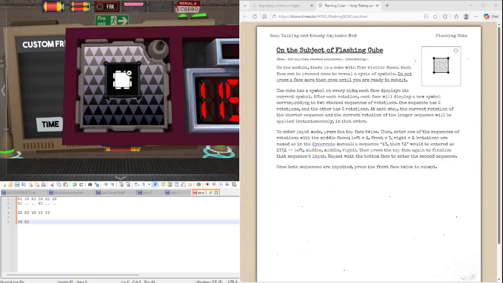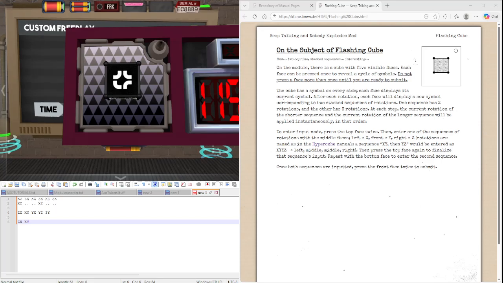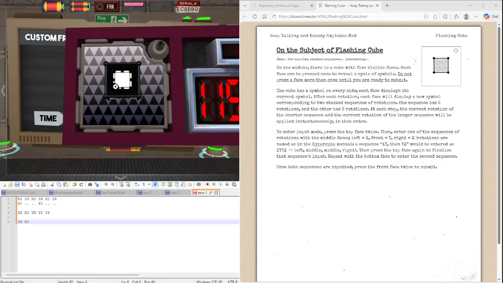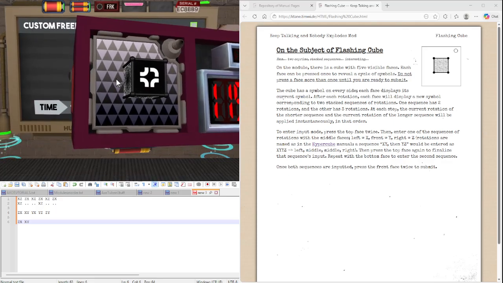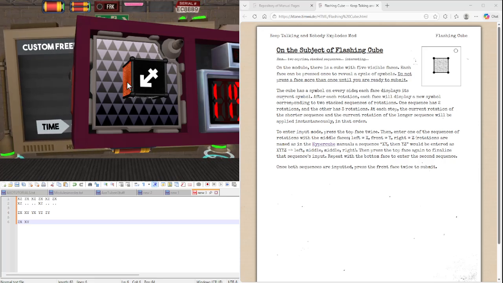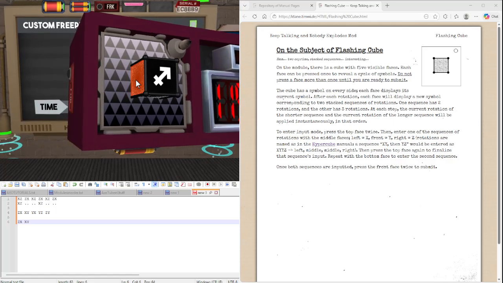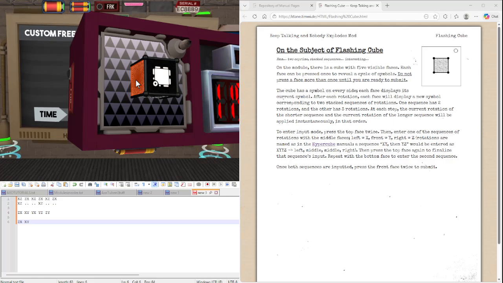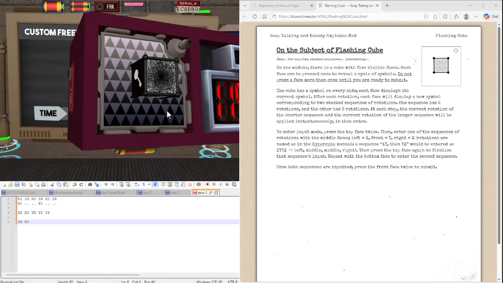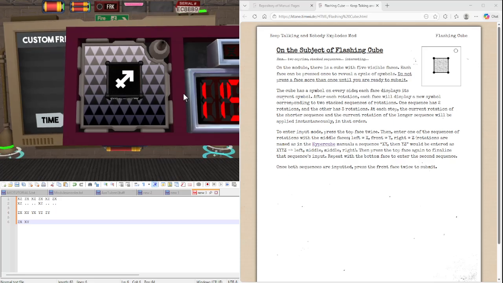So we rotate once clockwise, and then XY, positive X to positive Y. So after the pause, this top symbol should appear on this one, rotated once clockwise. No. Okay.